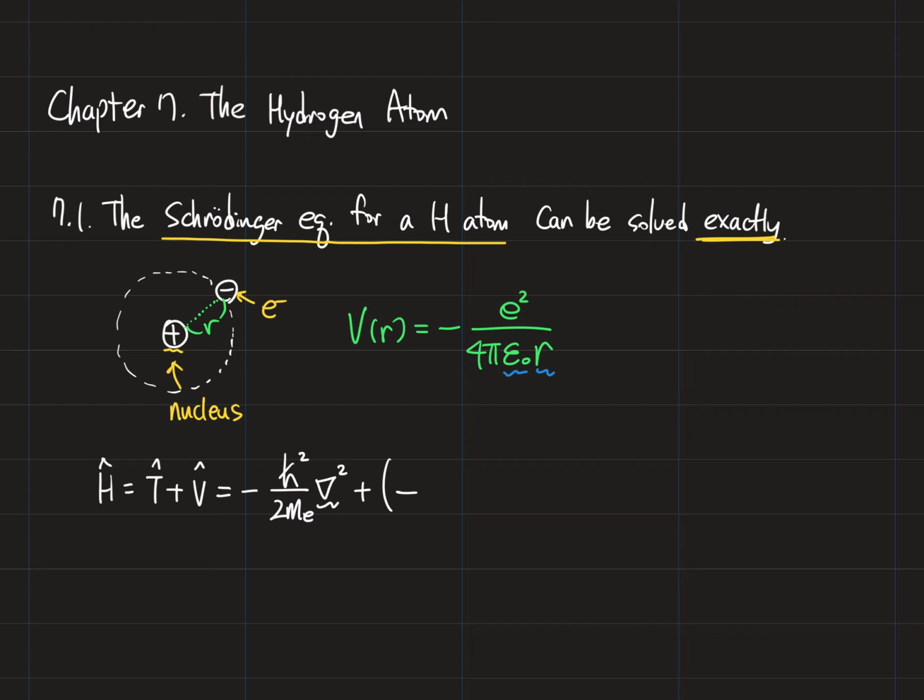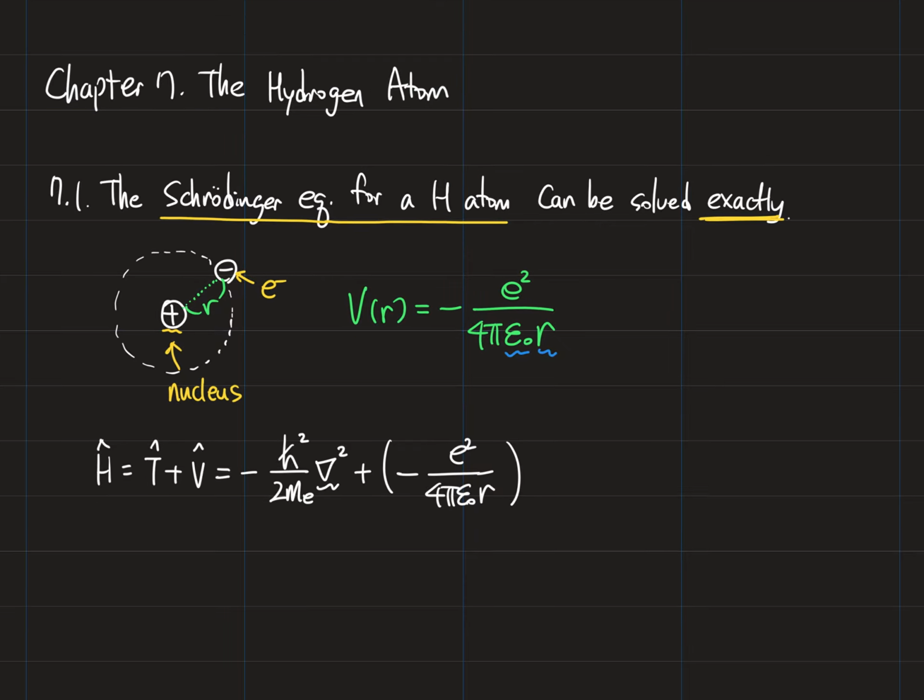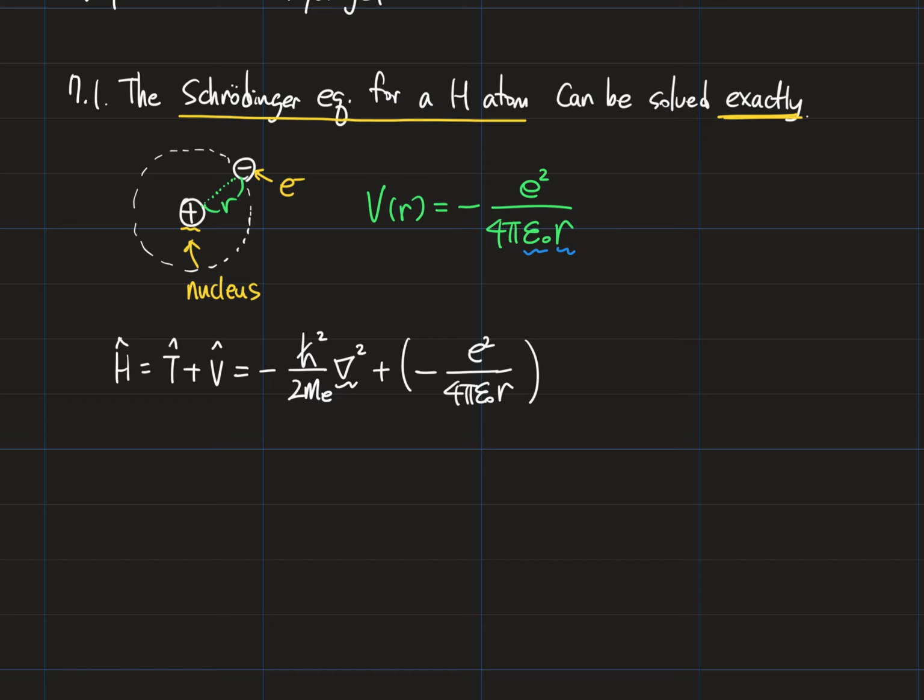And the potential energy, minus e squared over 4 pi epsilon 0 r. So now we have the Hamiltonian for the hydrogen atom. So it is the starting point of solving the Schrödinger equation, right? When you know the exact structure of the Hamiltonian, that means you can solve the Schrödinger equation. So let's write down the Schrödinger equation with this Hamiltonian. That will be merely a rewriting of this equation.